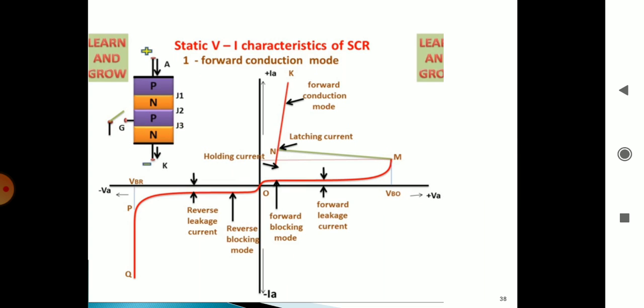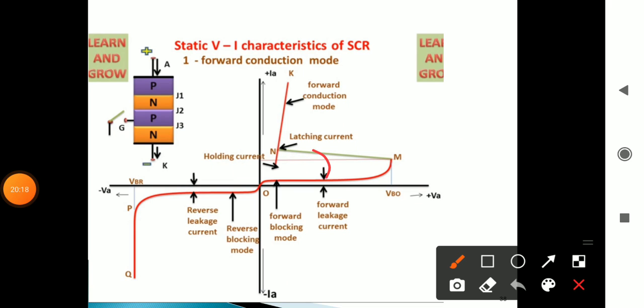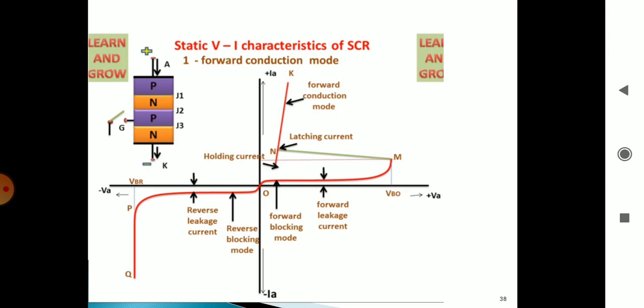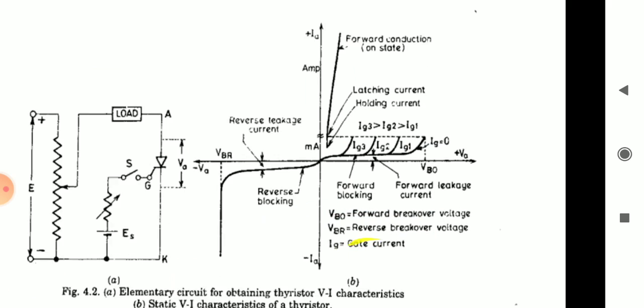Similarly, if I apply one more gate pulse, which is smaller than this Ig1, then the SCR will conduct at this point. So what I am trying to tell here is, as the gate pulse current increases, the voltage required for the SCR to conduct reduces. That entire thing is explained in this graph.